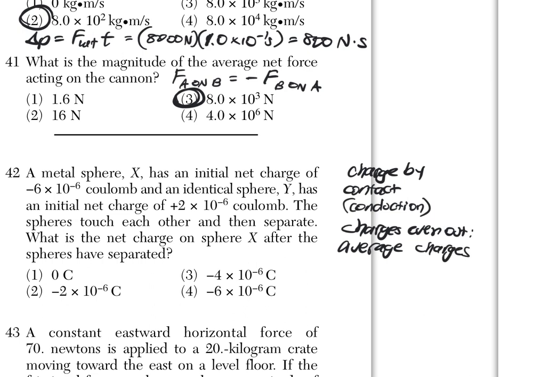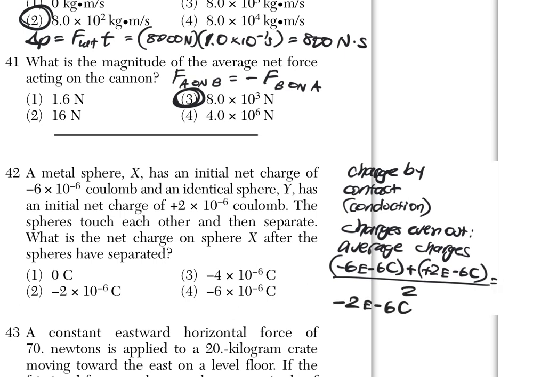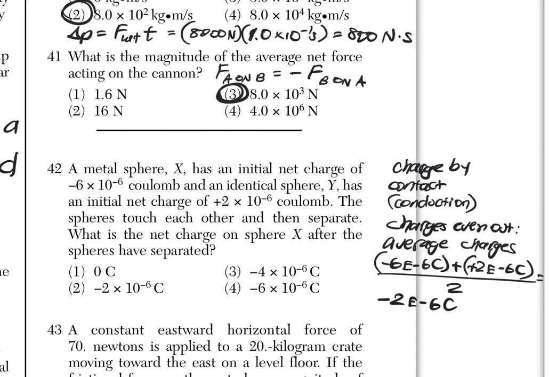If we have two objects, we add them up and divide by 2. So we have negative 6 times 10 to the negative 6 coulombs, and we have plus 2 times 10 to the negative 6 coulombs. And if we average those together, divided by 2, that gets me negative 2 times 10 to the negative 6 coulombs, and that is choice 2.